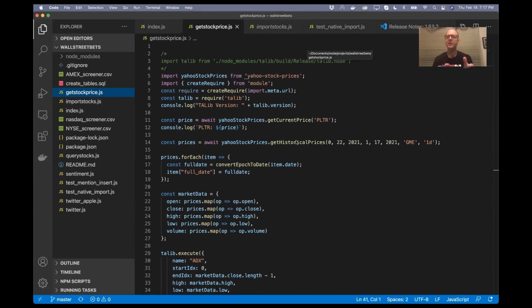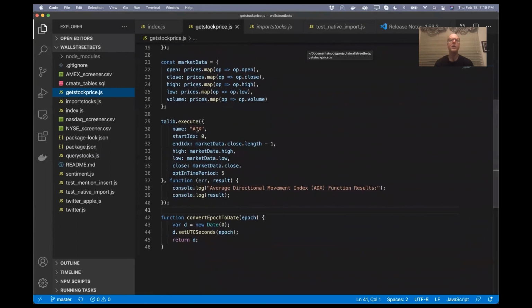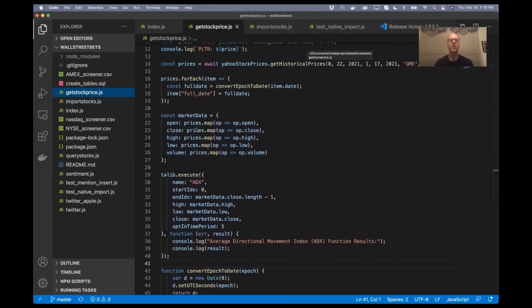The nice thing about that is, let's say I want to do a technical analysis of the stock. Well, there's that library I was talking about before called TALib. It's actually a C++ library, but there's a Node wrapper for it. So I'm importing that TALib, and then I'm taking all the historical data for that stock, in this case GameStop, and creating a data structure that has a set of arrays.